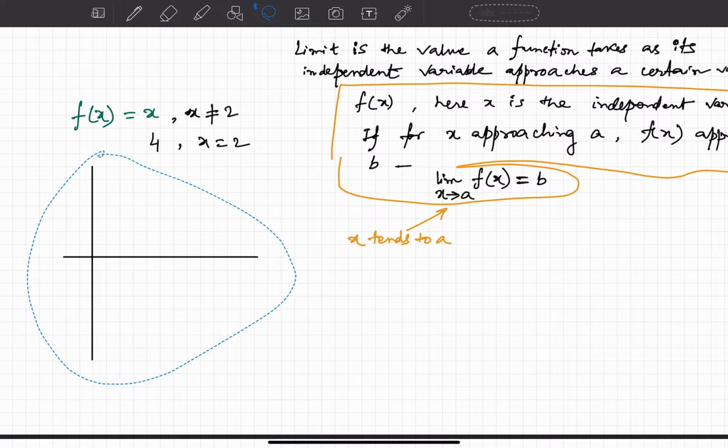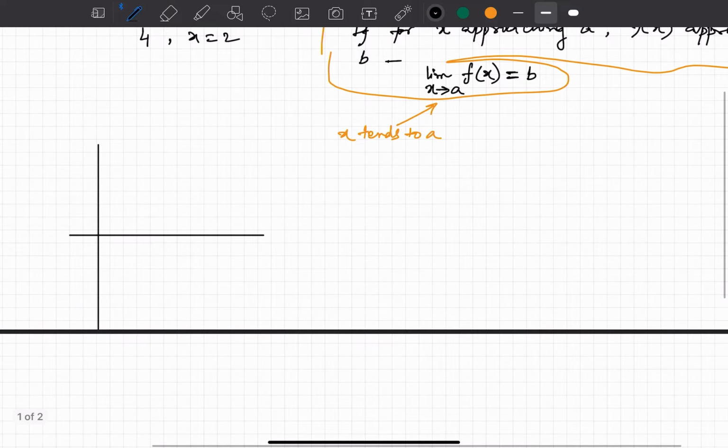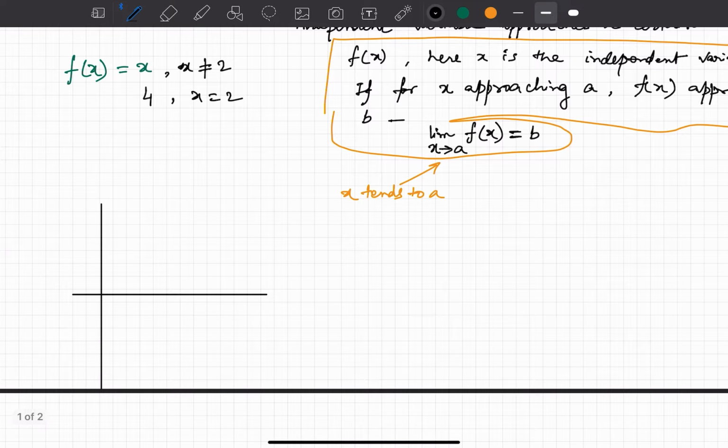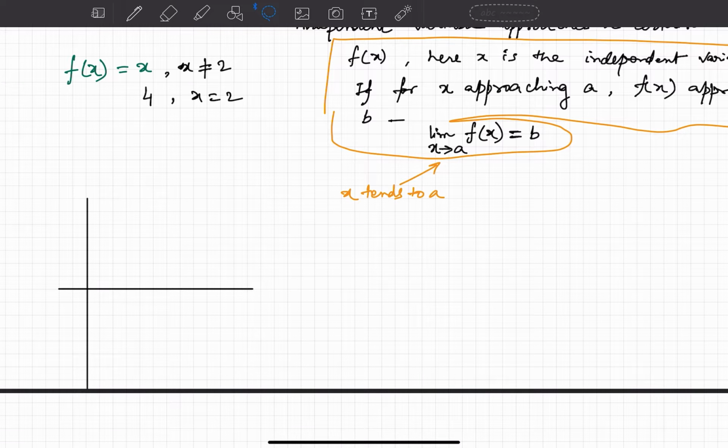So the plot will look like this: this is 1, this is 2, this is 3, this is 4, this is x, this is f(x). So the graph will look like this.